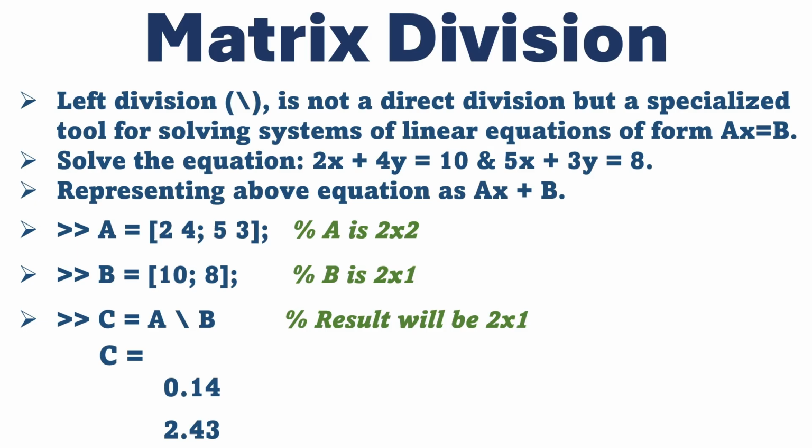Very simple. If you put those values in, you will get the results for the above equations. So this is how left division works: not a direct division, but a specialized tool for solving systems of linear equations of the form AX equals B. I have given the best example to understand how left division works in MATLAB.